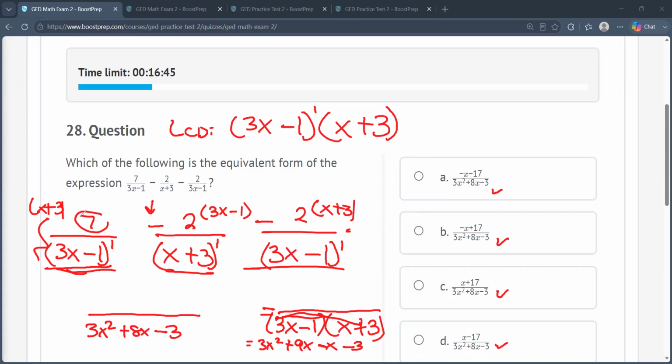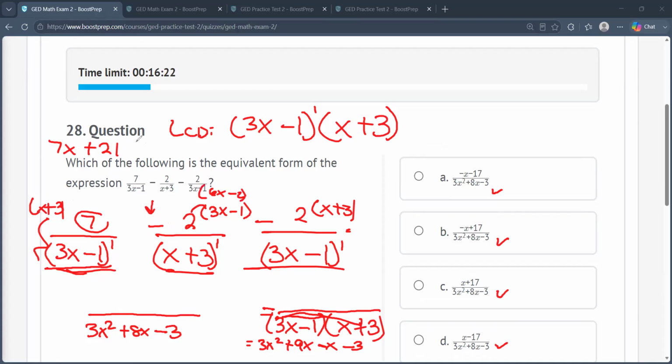So what's x plus 3 times 7? Let me write that out. So it will be 7x plus 21. And then over here, I'm going to FOIL out this 2, then distribute this minus. So it's going to be 2 times 3x is 6x, 2 times negative 1 is negative 2.